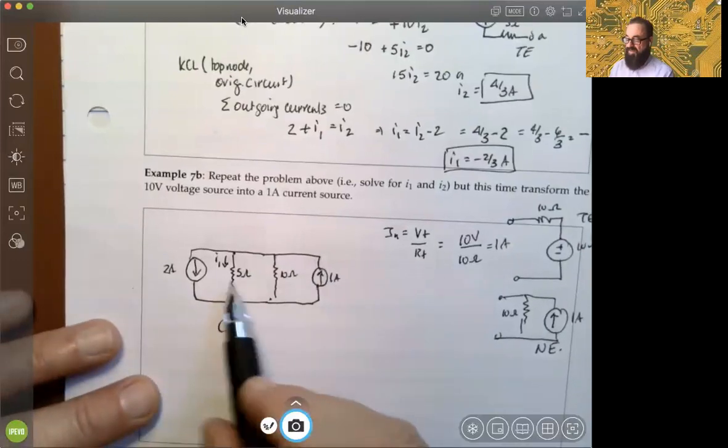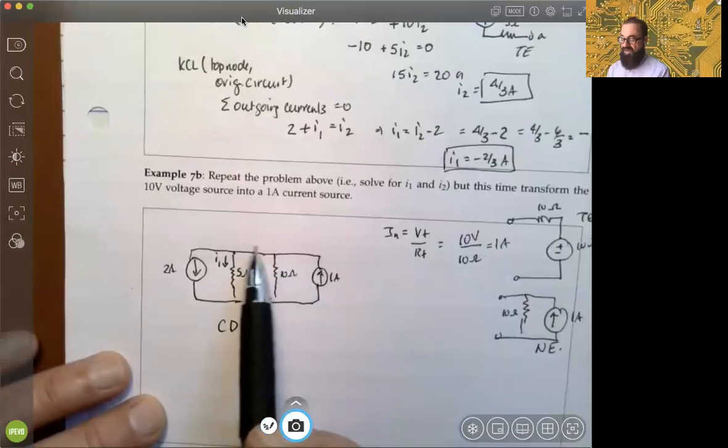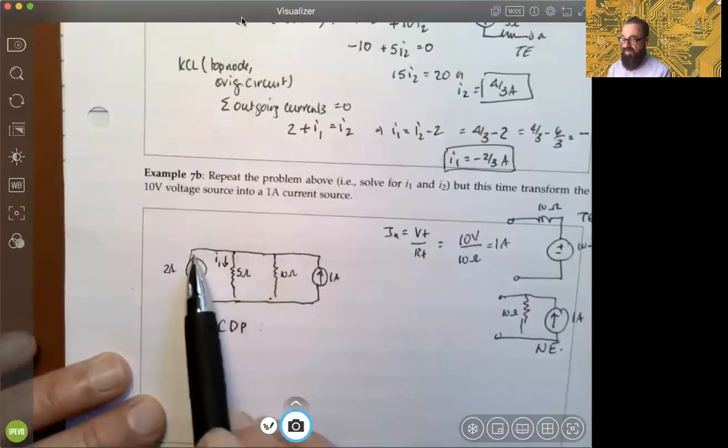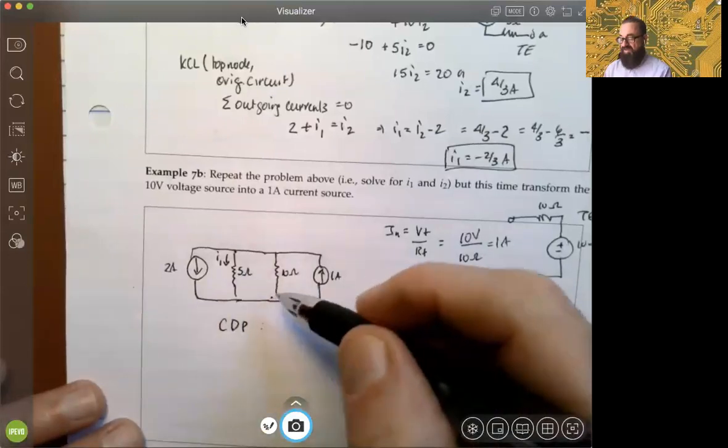And remember, the way we do it was to take a proportion of what the source would be. So a couple of things to think about here: what is the representation of the current that comes in and flows out through the 5 ohm resistance here and the 10 ohm resistance here? So we have to be careful.